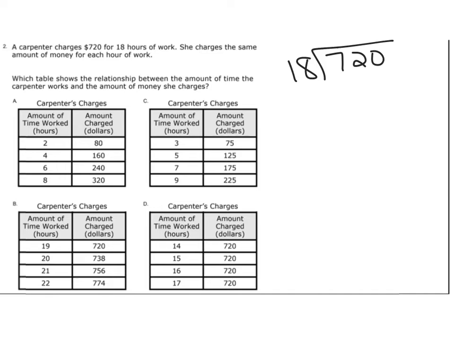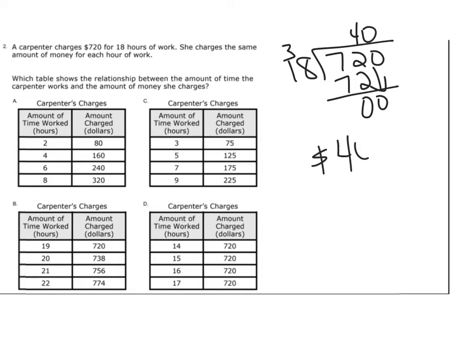Let me think. 8 times 4 is 32. 4 times 1 is 4 plus 3 is 7, so 72. So 18 is 0. So bring down the 0. So that means she charges $40 per hour.